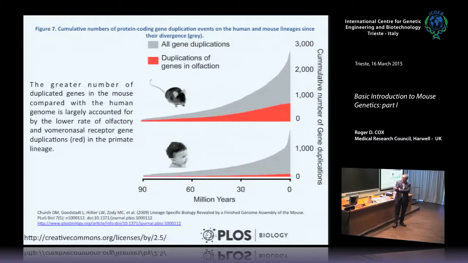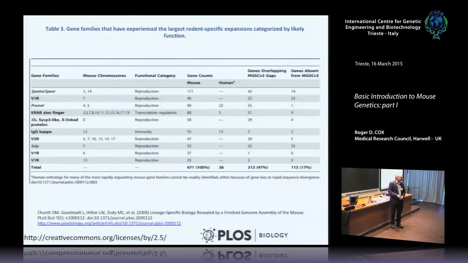So the genes of olfaction, the genes involved in the sense of smell, are much more highly duplicated in mouse, which is more dependent on smell than humans. So this is a difference between mouse and human. And there are a number of other classes of genes where this is also the case. So genes involved in reproduction, for example, and a few in immunity, but mainly reproduction.